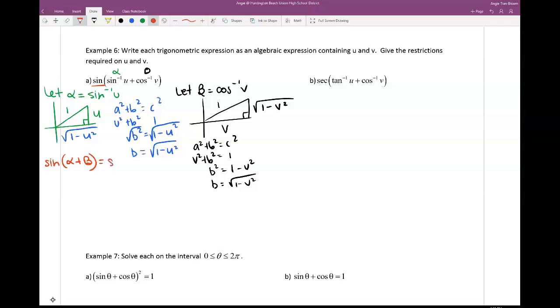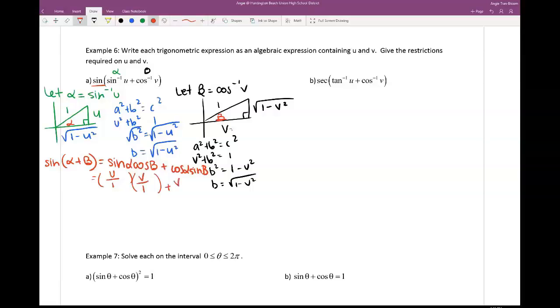Okay, so hopefully this is what you wrote. Sine of alpha, cosine of beta, plus cosine of alpha, sine of beta. Well, I have alpha. Alpha is this one, and I have beta. Beta is this one. Then now I just have to plug it in. So sine of alpha is, sine is opposite over hypotenuse. Cosine of beta is, beta is over here, so cosine is adjacent over hypotenuse, plus cosine of alpha.